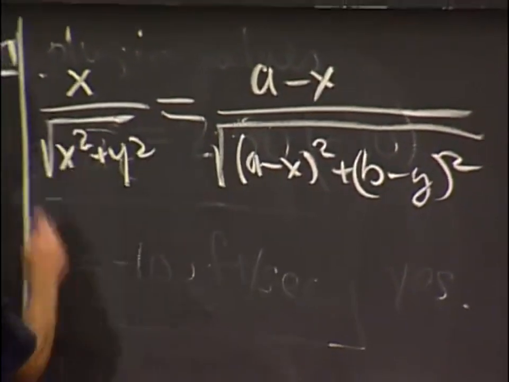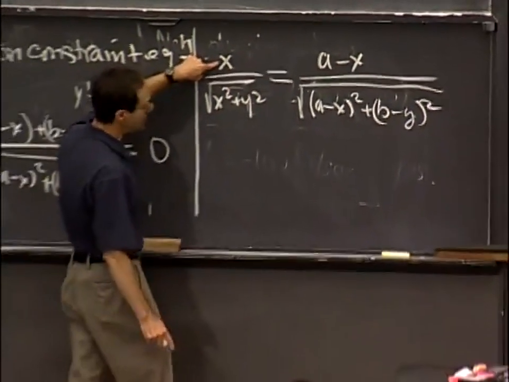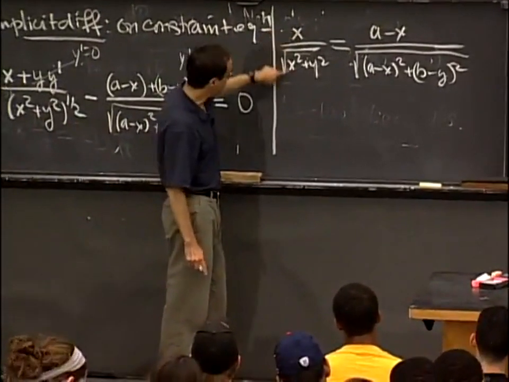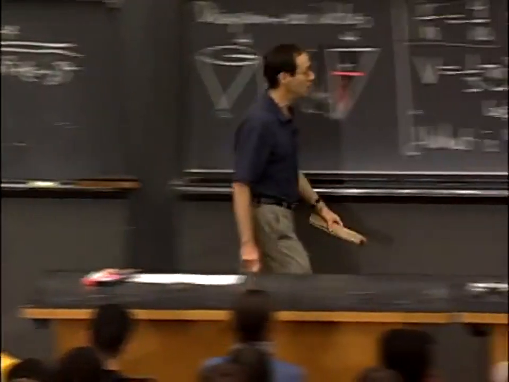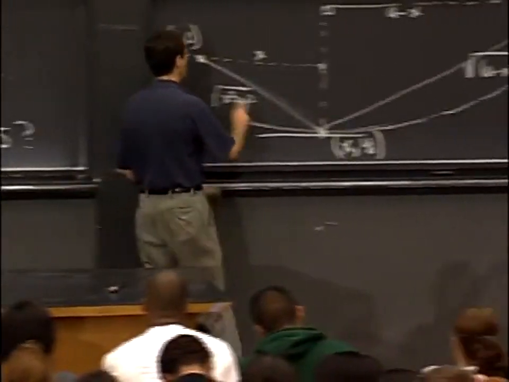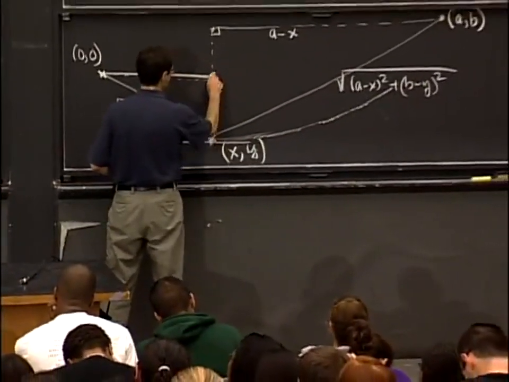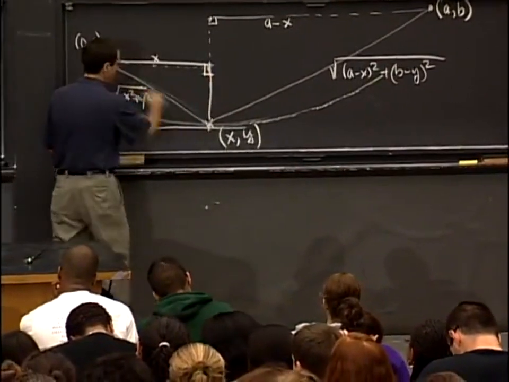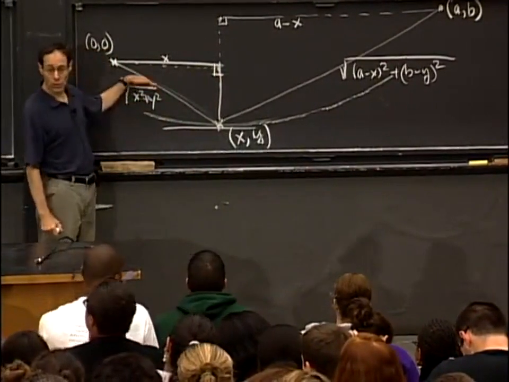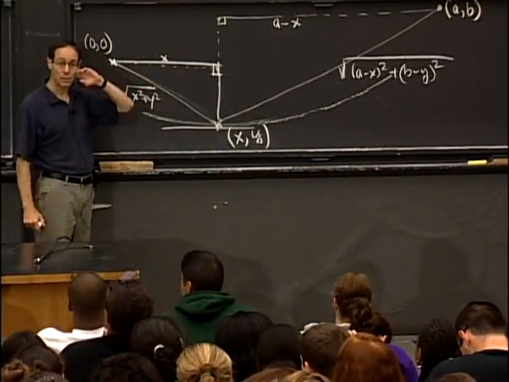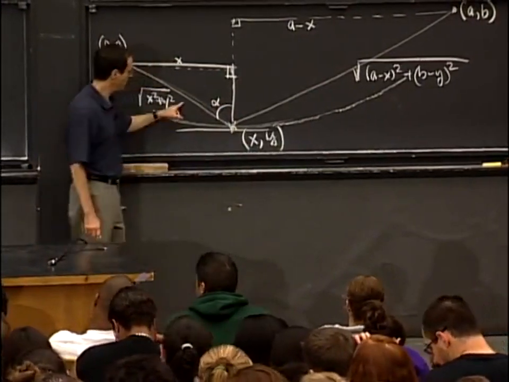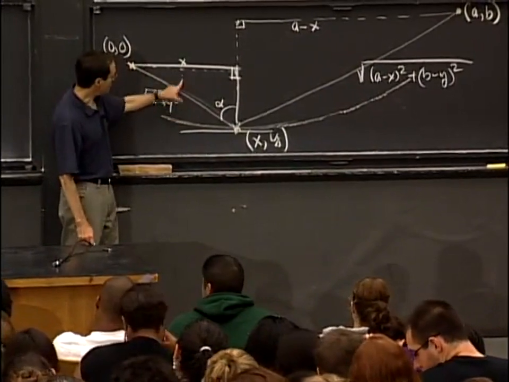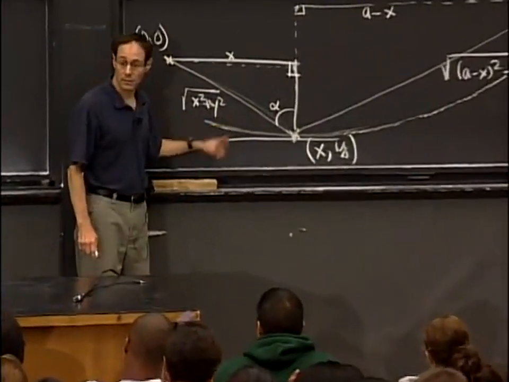So first of all, let me observe for you that this x is something on our picture, and this square root of x squared plus y squared is something on our picture. Namely, if I go over to the picture, here was x, and this was a right triangle, and this hypotenuse was square root of x squared plus y squared. So if I call this angle alpha, then this is the sine of alpha. All right?